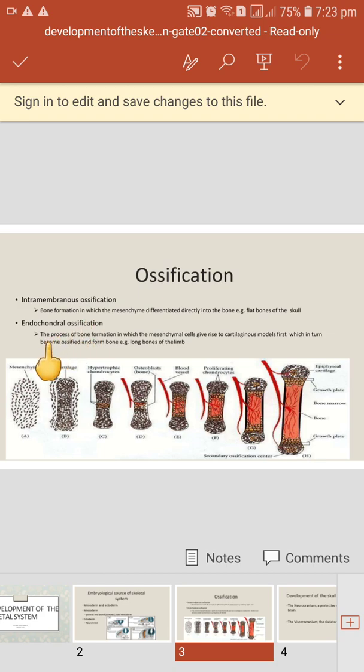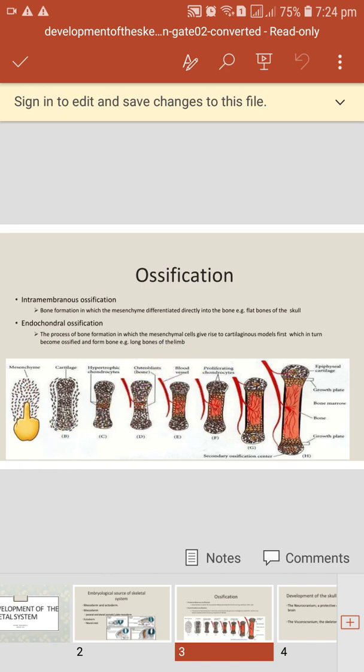In endochondral ossification, the mesenchymal cells first give rise to cartilaginous models, which then become ossified and form bone, for example the long bones of the limbs.